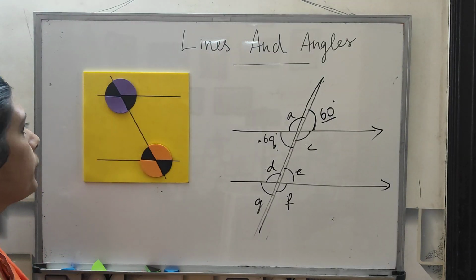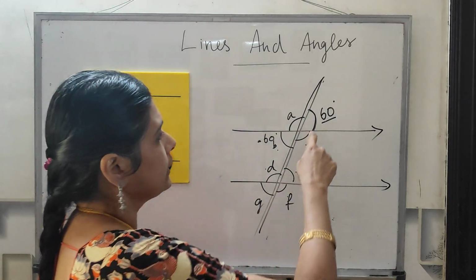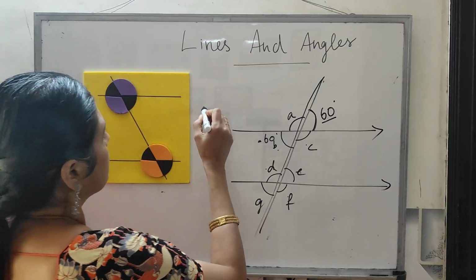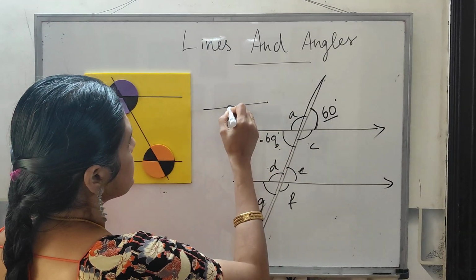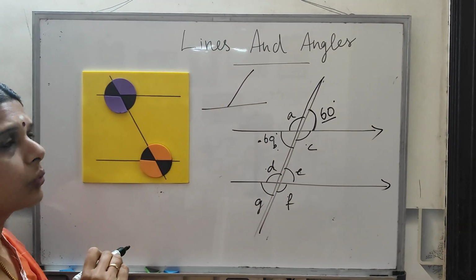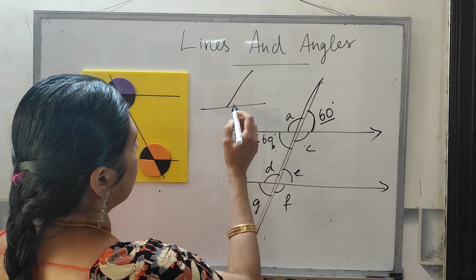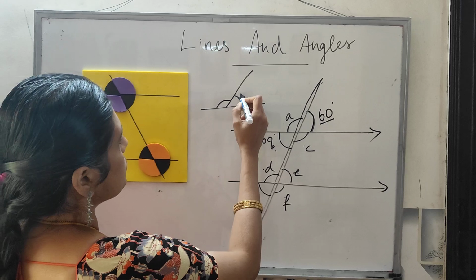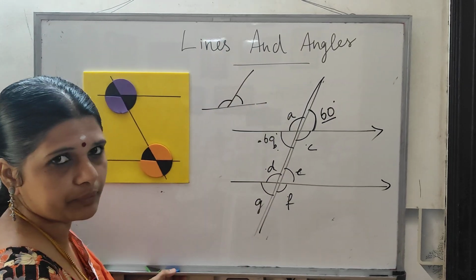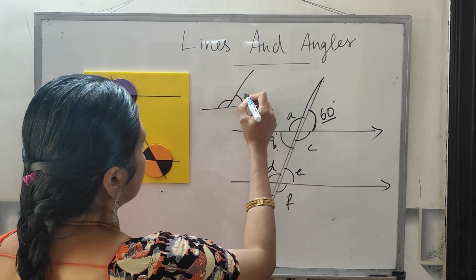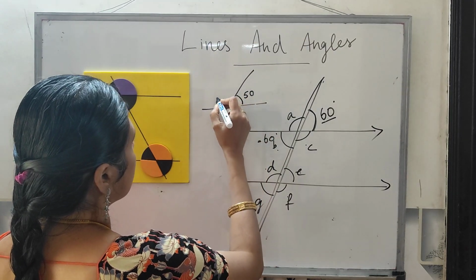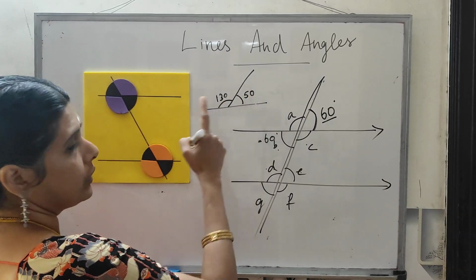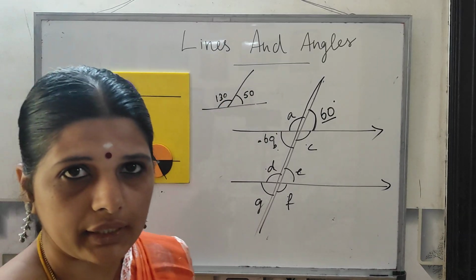Okay. And the next property I am going to tell you is the linear pair. What is a linear pair? If there is a straight line, and one angle is forming on the straight line, these two angles, whenever added, form 180 degree. So if this is a 50 degree angle, how much will the other be? 130 degree, because 180 minus 50 is 130 degree.